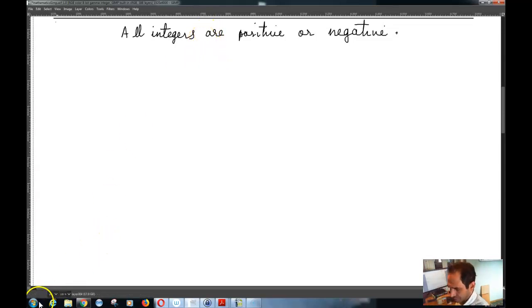Let me see. Okay, so the answer over here says that basically this is an exclusive or. The reason why this is exclusive is that all integers cannot be both positive and negative.